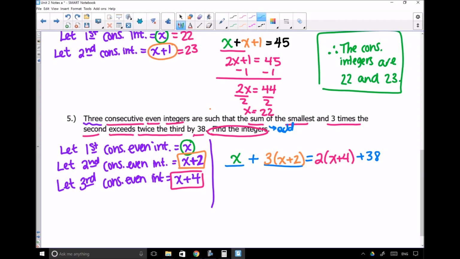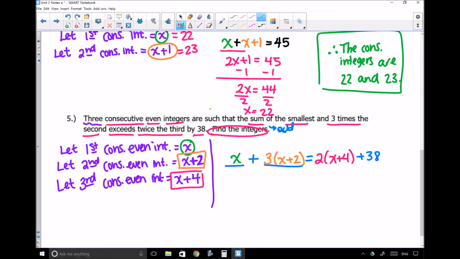Okay, so let's talk about this again. It says the sum of the smallest, here's the smallest, here's the sum, and 3 times the second, here's 3 times the second, exceeds is equal to twice the third, so 2 times the third, but it exceeds it by 38, so it's 38 more than that amount, so plus 38.